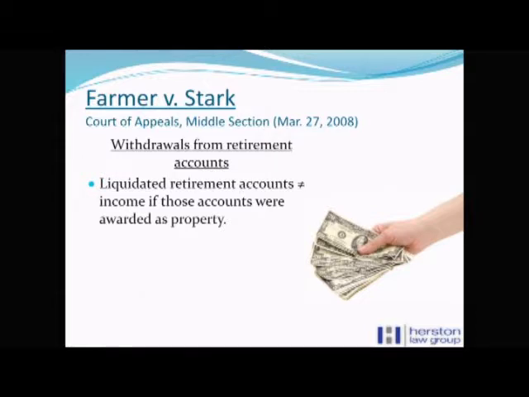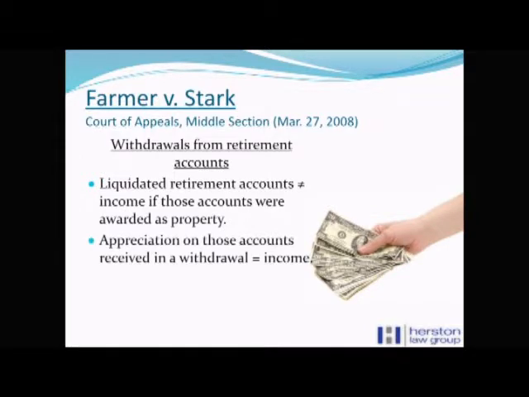This tends to arise in the context of capital gains as well, and we're going to see that a little bit later. In this case, the withdrawals from the retirement accounts will only be considered income to the extent that they represent an appreciation in value of those accounts since the divorce. Absent a showing of appreciation in value, you don't have income. It's already been awarded as property.